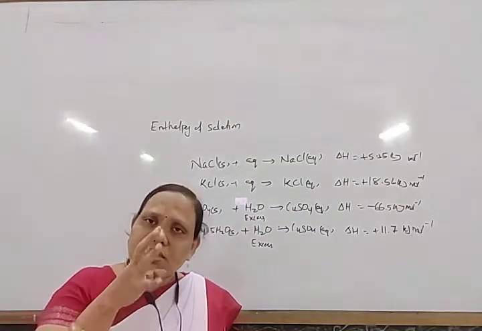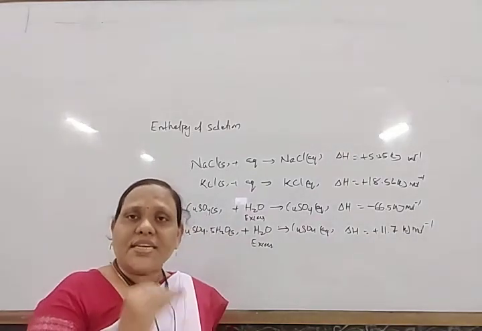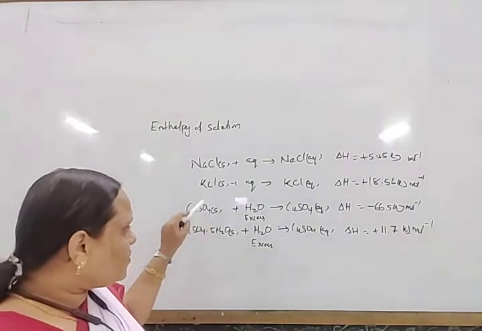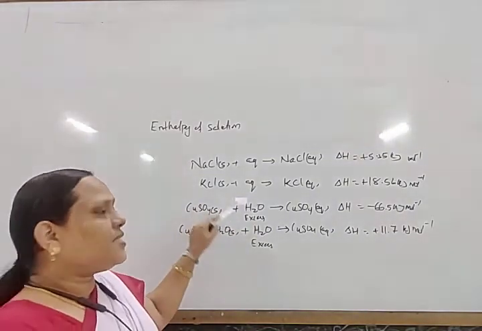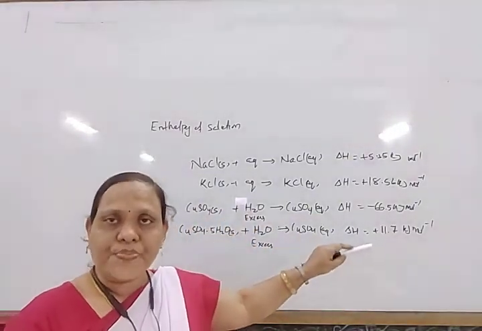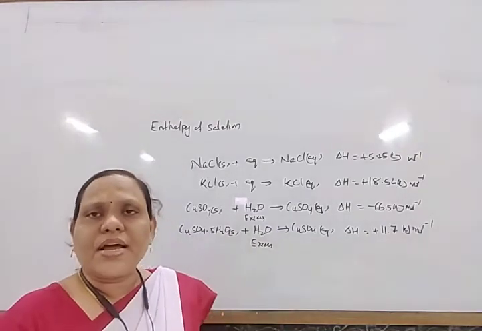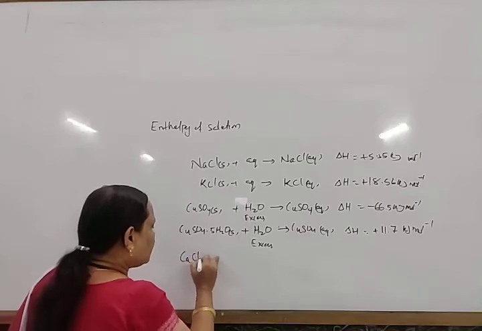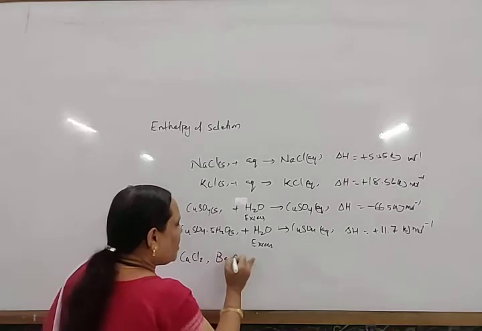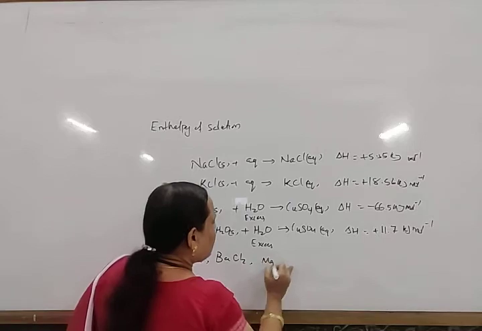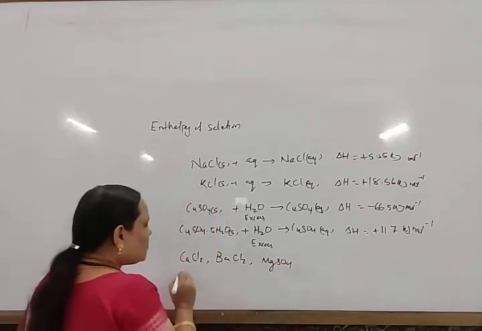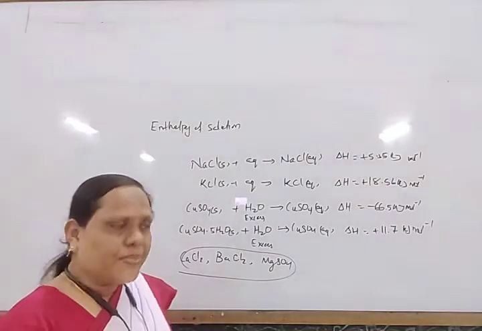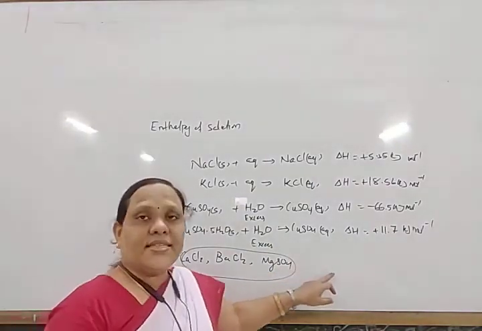Salts which generally form hydrates, like CuSO4, which forms CuSO4.5H2O, or calcium chloride CaCl2, barium chloride BaCl2, magnesium sulfate MgSO4, generally have a negative ΔH when they dissolve in water.